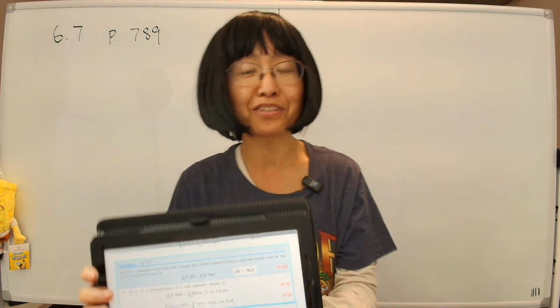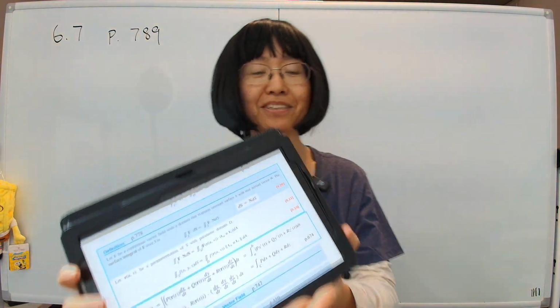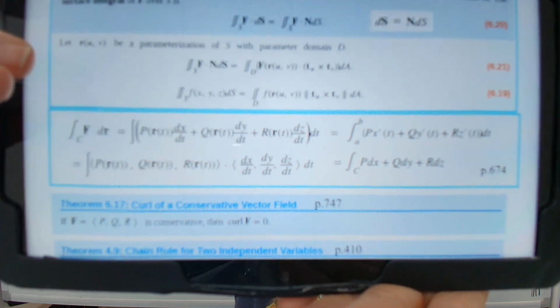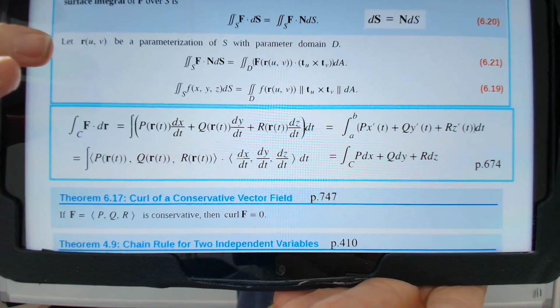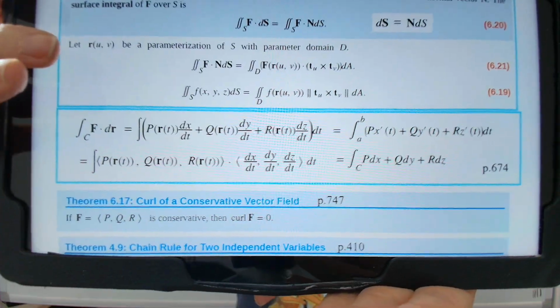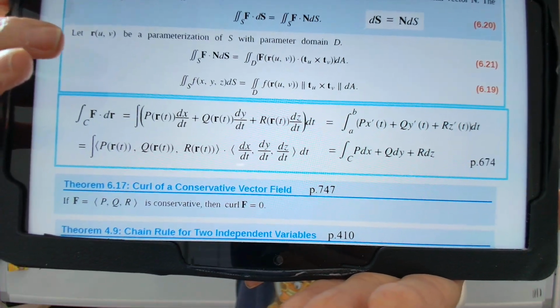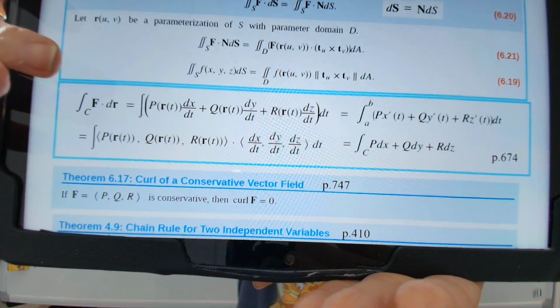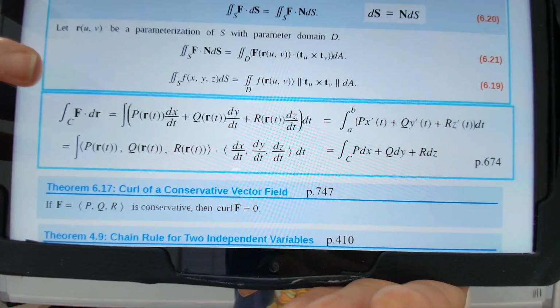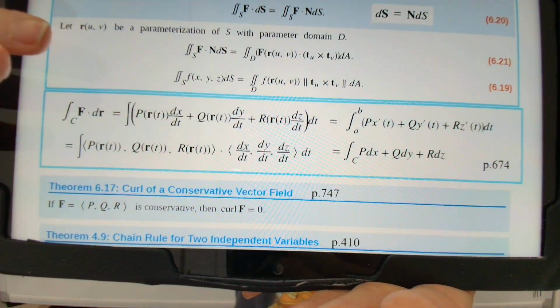It's been a few days that I've been working on Stokes theorem, so I can't remember for sure. But anyway, we do the cross product, which will give you r_u cross r_v and so on. That is how you do it. This is the scalar function, which is quite similar.